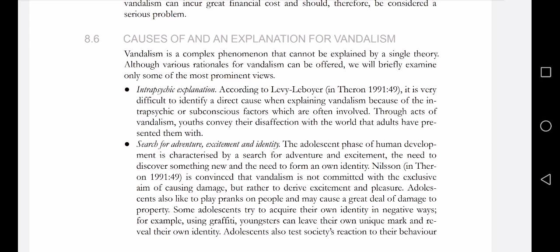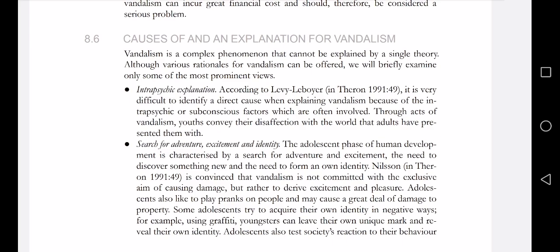Nelson in Theron, 1991, page 49, is convinced that vandalism is not committed with the exclusive aim of causing damage, but rather that they derive excitement and pleasure.